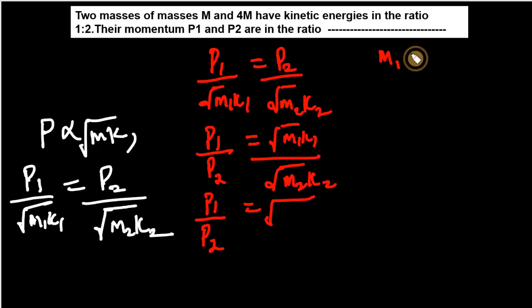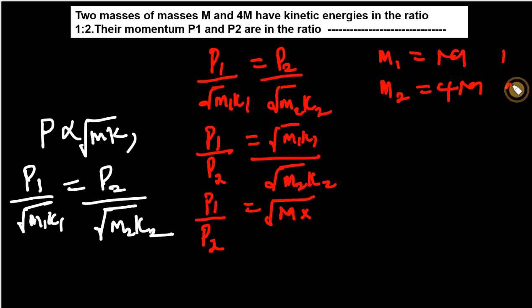So P1 upon P2 will be root, the m1 given, this is the first mass, so m1 is m, and m2 will be 4m, following from what we've been given. So m1 is m times k1, and the kinetic energies are in the ratio of 1 and 2. So this will have ratio 1 and this will have ratio 2.